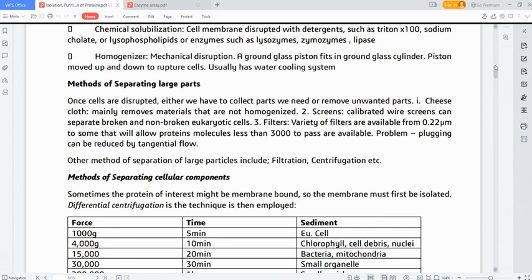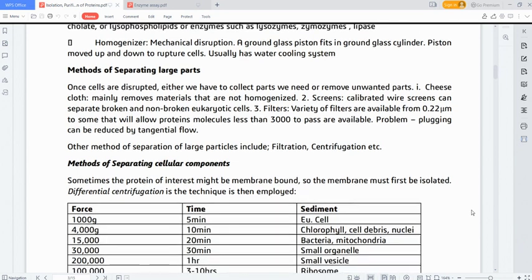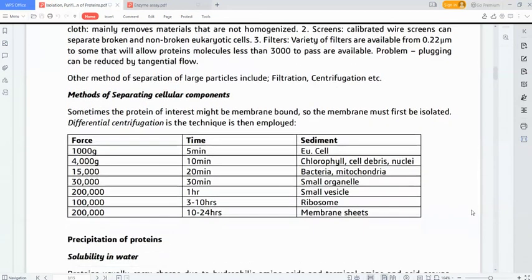You can then filter. Number 3, we say filter. All these things are what you do to remove large particles. Sometimes you can centrifuge at a very low speed, and when you do, cell debris will actually be removed from the cells.